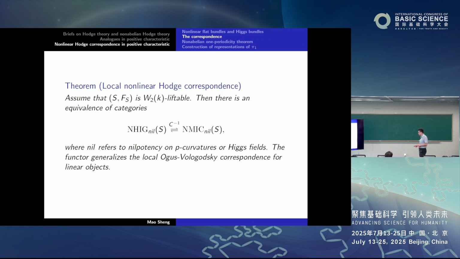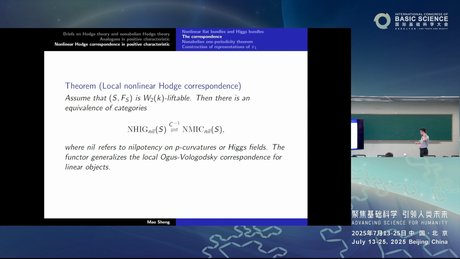So here the nu refers to nilpotency of the p-curvature. So now you don't require the p-curvature to be zero, it is just required to be nilpotent. Then you still have an equivalence of categories, and this generalizes the local Ogus-Vologodsky correspondence for linear objects.